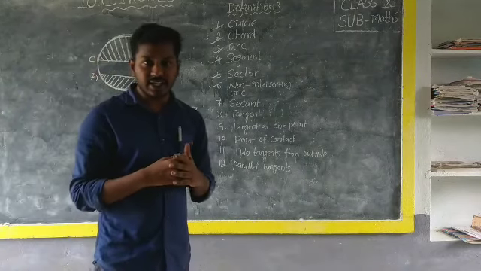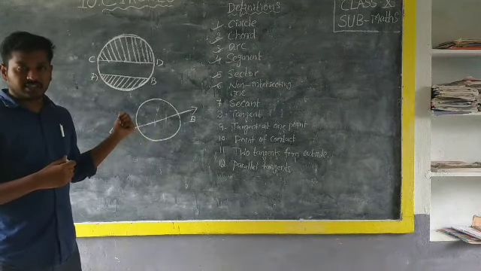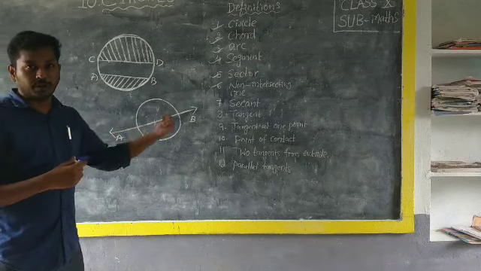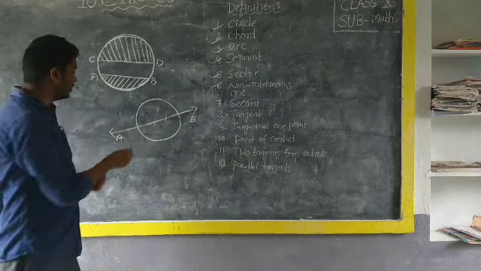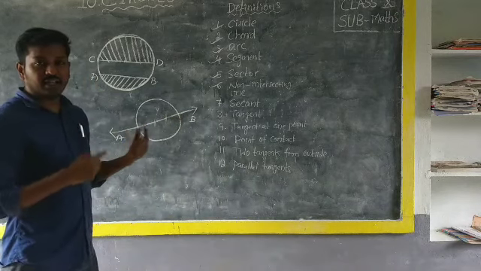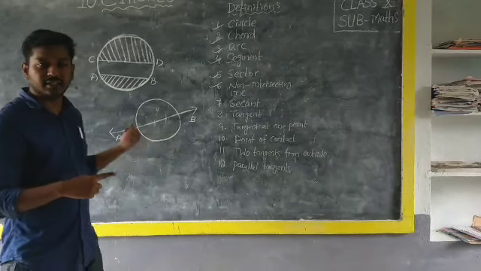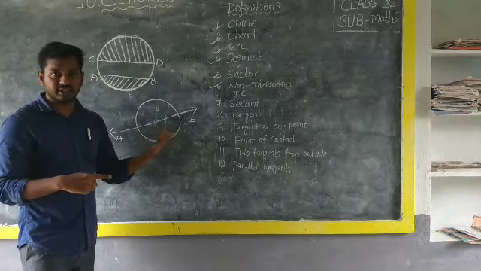This is one point and this is also one point. When the line intersects the circle at 2 points, then that line is called a secant.